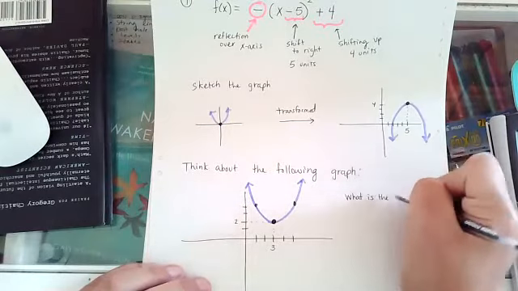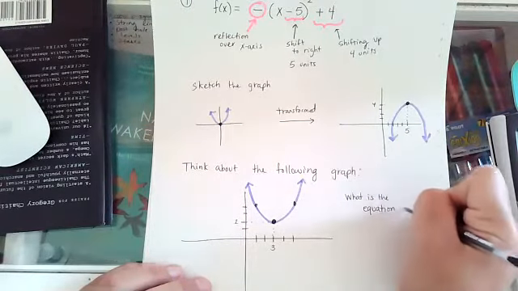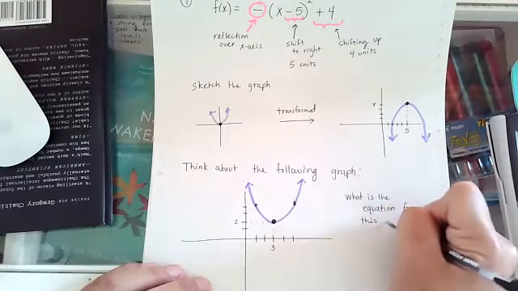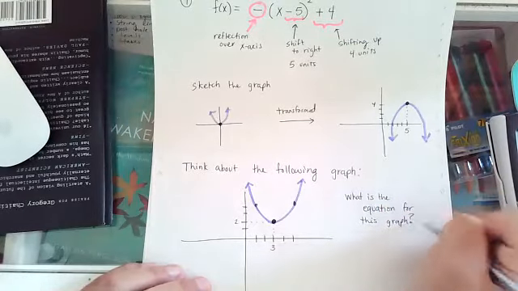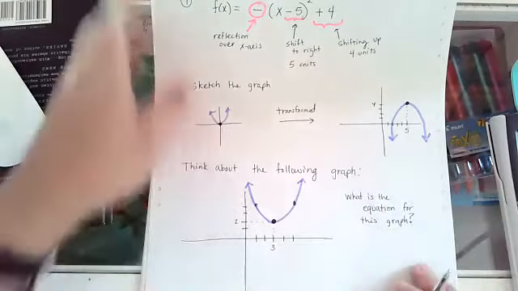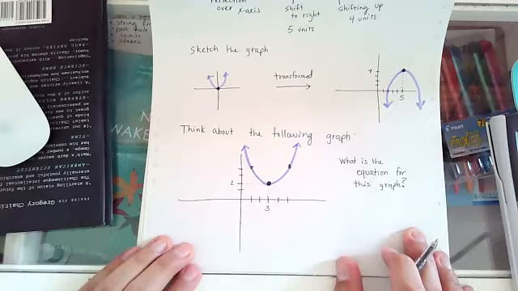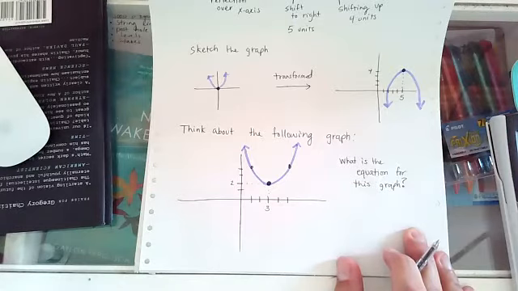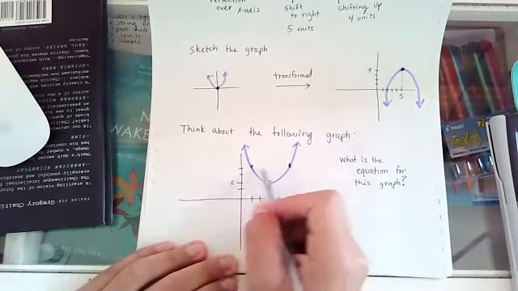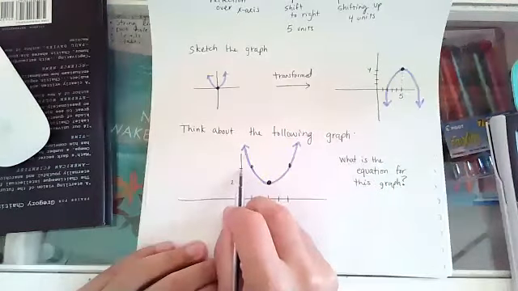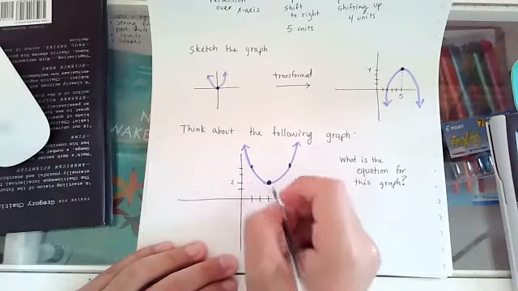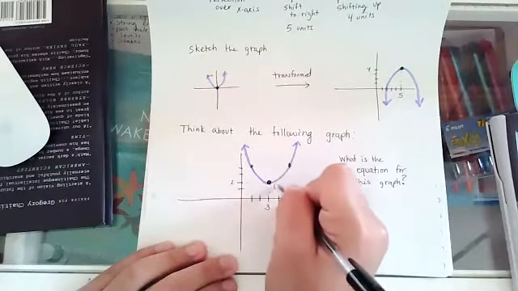What is the equation for this graph? And if you need these points, this is at 2, 3, 4. This point is at 3, 2. I think that's the only one we really need, 3, 2.